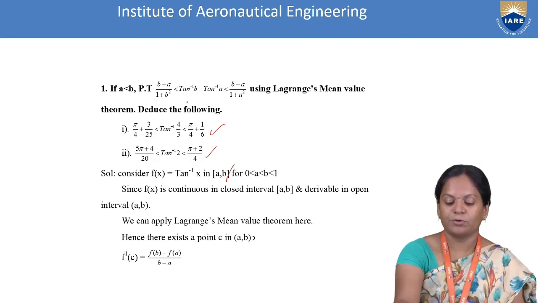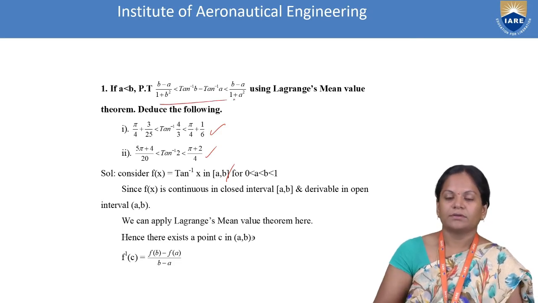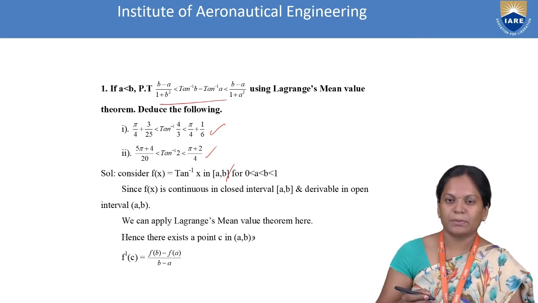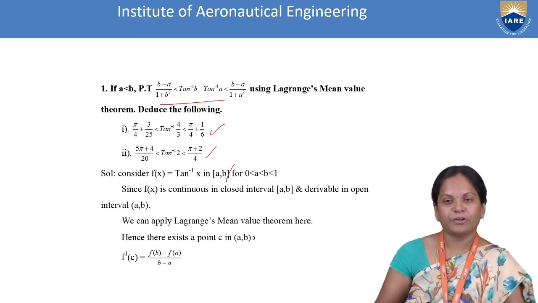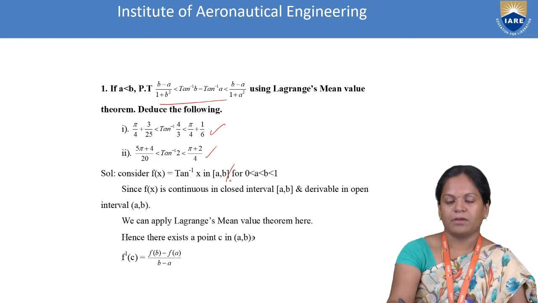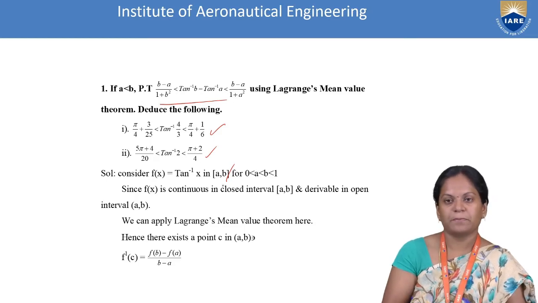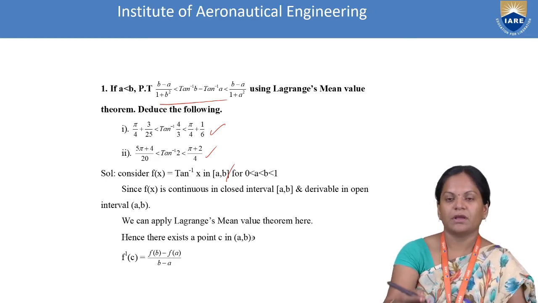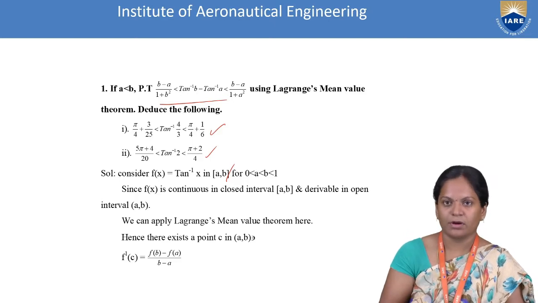First of all, we have to prove this inequality. So f of x equal to tan inverse x in a comma b for 0 less than a less than b less than 1. Here f of x is continuous in the closed interval a, b and differentiable in the open interval a, b. Why is it continuous? In between a and b, all the points are positive points, because a and b lie between 0 and 1 only.